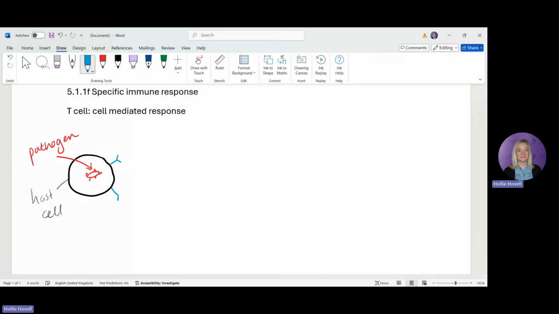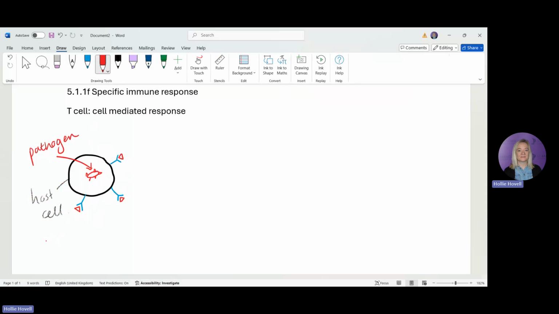Okay, so it looks something like this. These little triangles that are the antigens on the surface of the pathogen get taken by the infected cell and presented on the surface. So now your immune system can recognize that this cell has been infected.